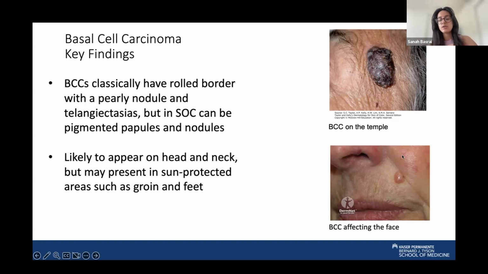In the top right-hand corner, you see this thickness and almost a huge nodule presentation that's quite different, and it's pigmented in nature, and it's not like that pearly nodule that we see in lighter skin. So again, to remember is that these BCCs, SCCs can present as more darker pigmented lesions on skin of color rather than on light skin, where we see a redness that is usually associated with that.